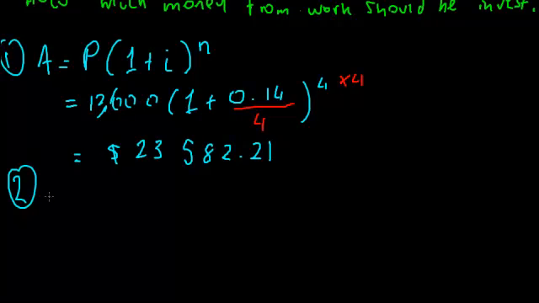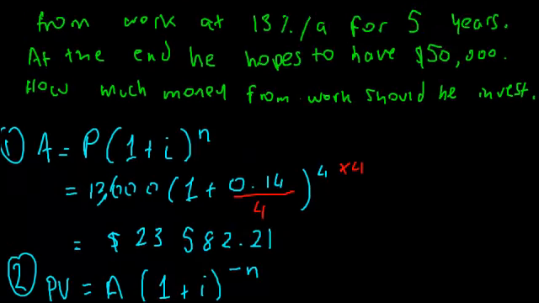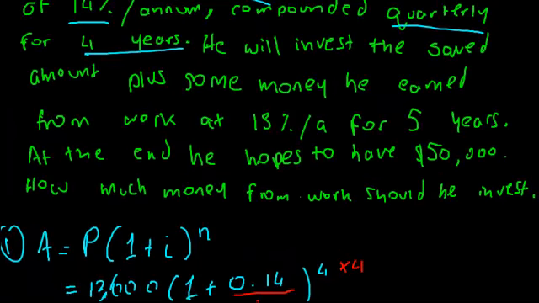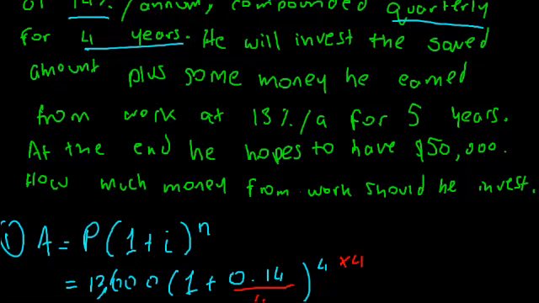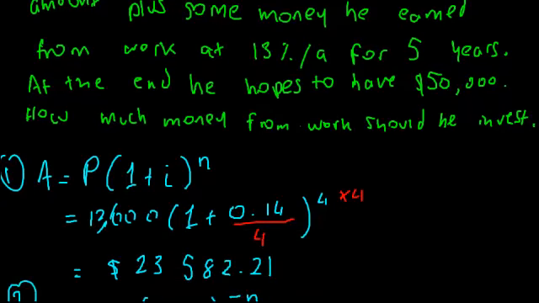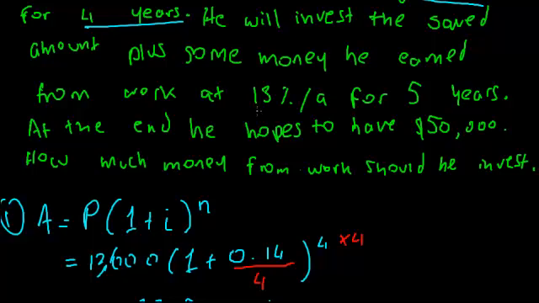In this case, PV equals the amount into 1 plus i to the power of negative n, which is the equation. And so we know the amount is 50,000. That's the future value. We know the interest rate is 13% per annum, and it's compounded annually. That's fine. And then it's 5 years.